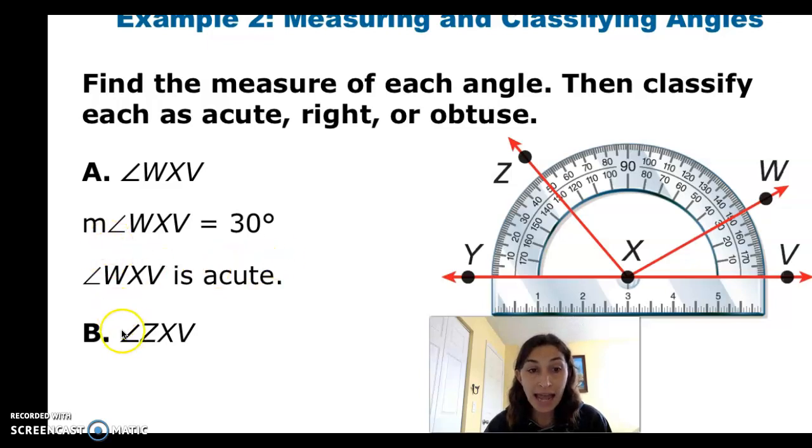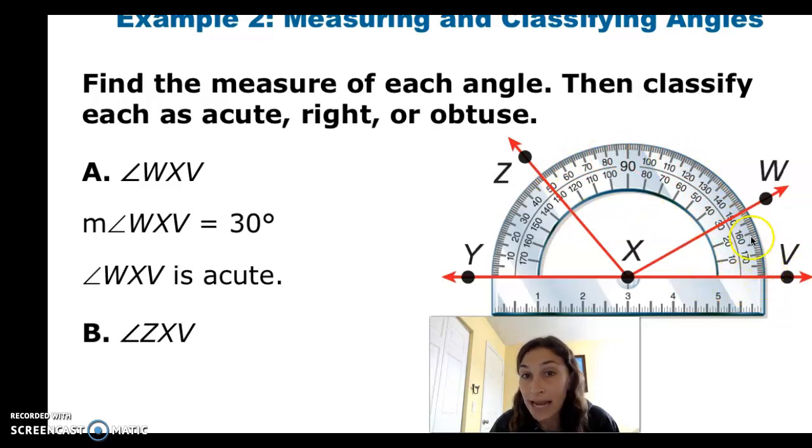Now, when looking at angle ZXV, I want to look at what that measure is. So I can see here that it starts at 50 and goes all the way to 180. So I want to find out what that angle is.